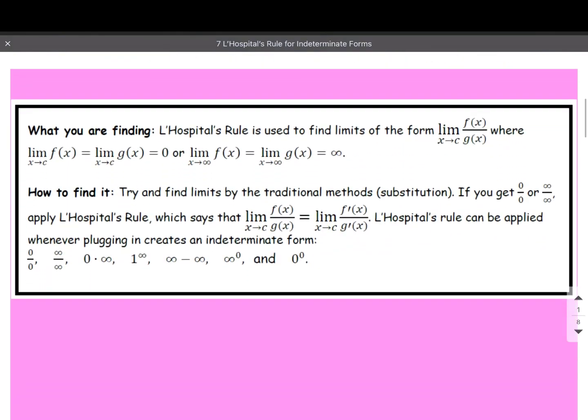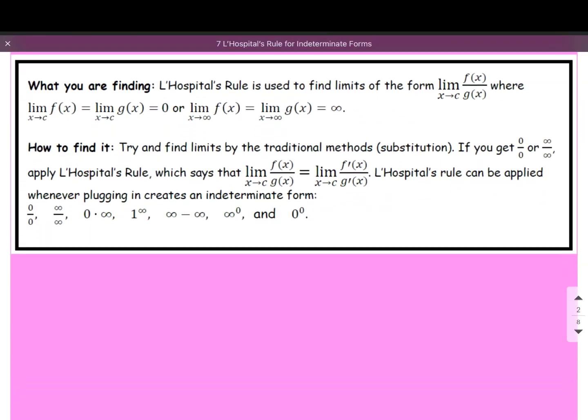Okay? Now, L'Hopital's rule is used to find limits of the form: the limit as x heads to a number c of f of x over g of x, where the limit as x heads to c of f of x, which is the same as the limit as x heads to c of g of x, is 0, or when the limit of both the top and the bottom are infinity. Okay? How do we find this?